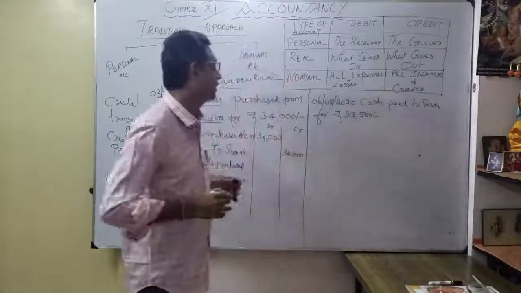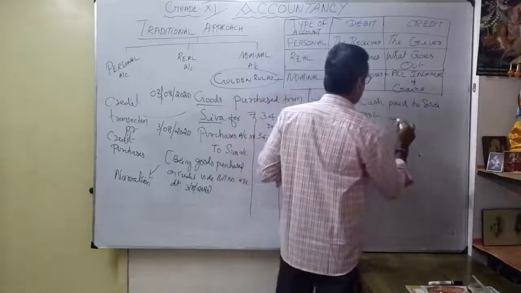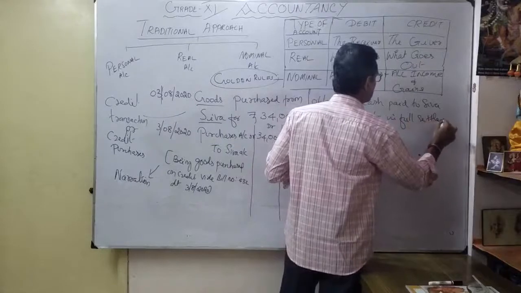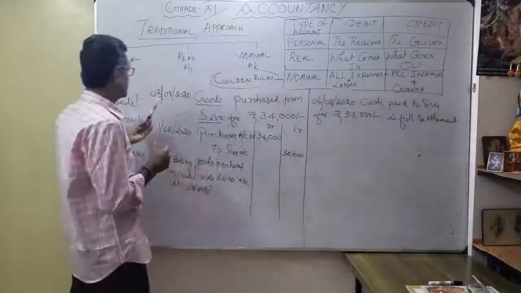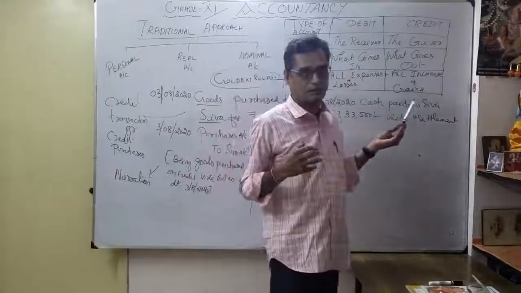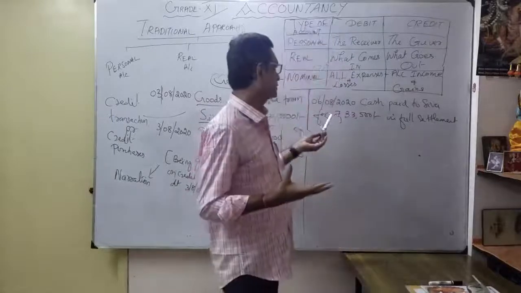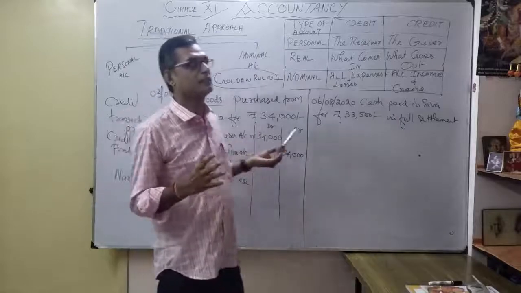Cash paid to Shiva, 33,500, in full settlement of the particular transaction. After the third day, when I purchased on 3rd August, on 6th August I am going to pay Shiva 33,500. How much did you purchase? 34,000. Now we'll see the journal entry.